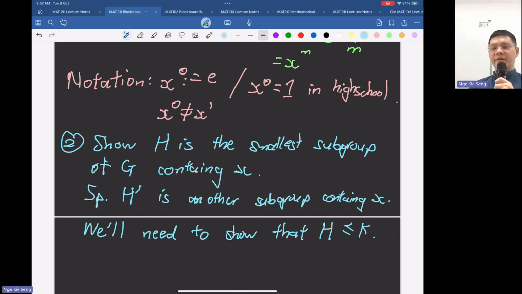Is it a subset or not? What do you think? H prime is, by definition, a subgroup again. If H prime contains X, what else does H prime have to contain?